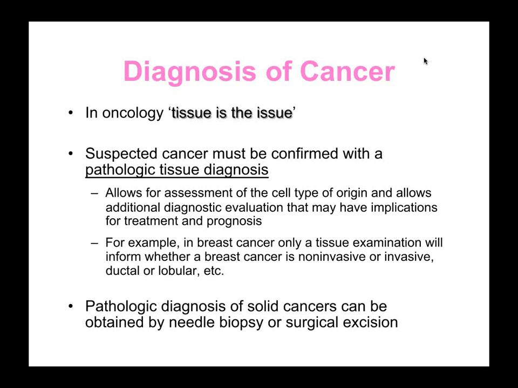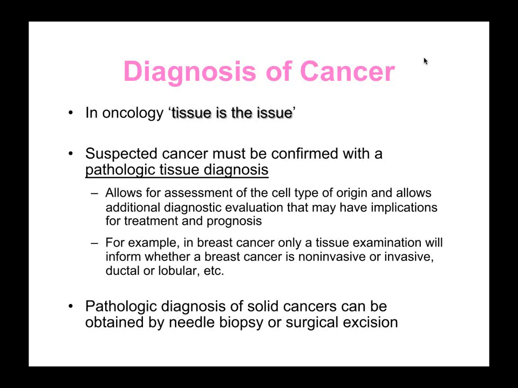So again, with an example from breast cancer, only by getting a biopsy and looking at it under the microscope will you be able to know if a breast cancer is invasive or non-invasive, whether it's ductal or lobular, etc. So it's really important that all cancers, suspected cancers, be confirmed with a tissue diagnosis.